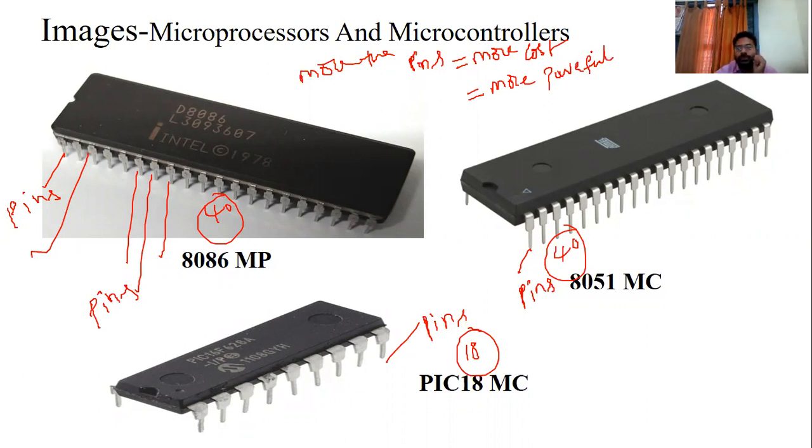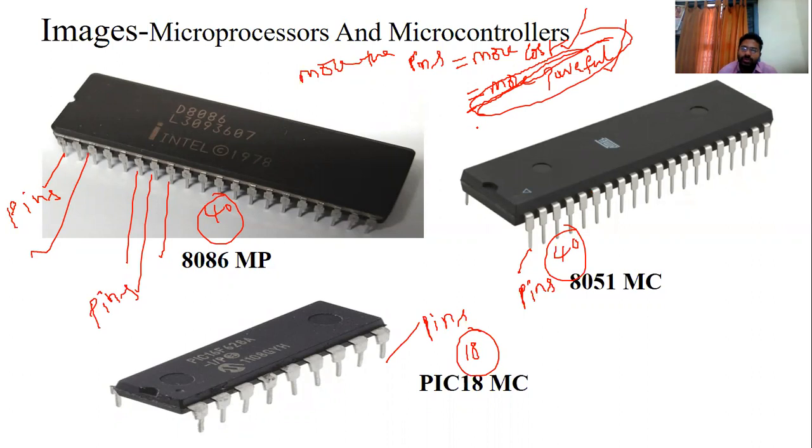If our device has more number of pins, it has more cost, and at the same time it has more power. I will tell you why it has more cost and why it is more powerful. In the coming lectures we will definitely see this.